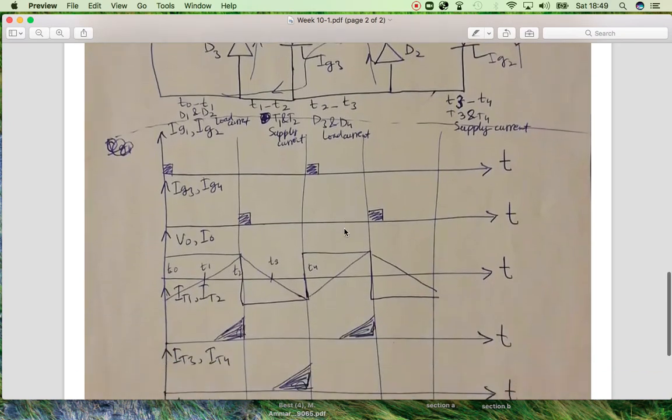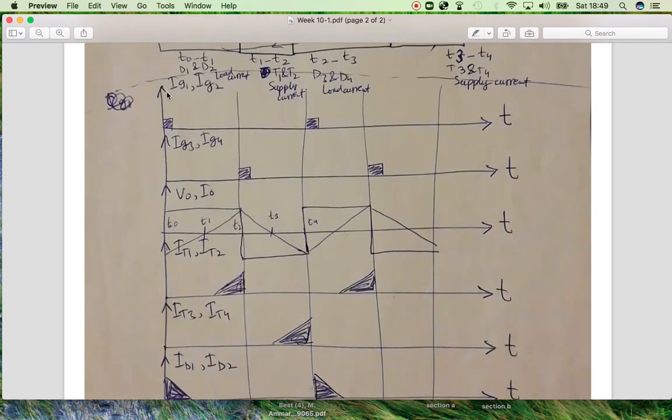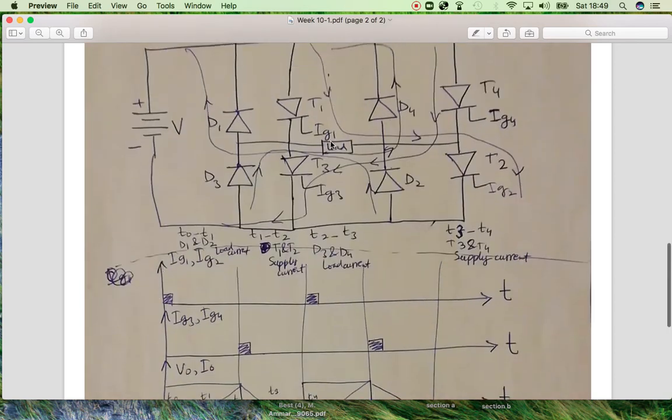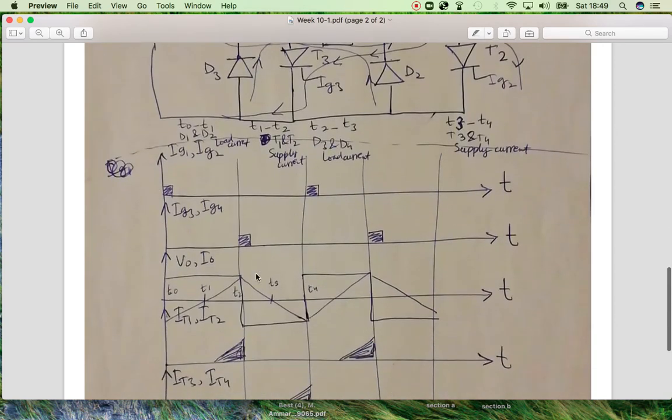So we can see over here that when we trigger thyristor 1 and thyristor 2 by providing the gate pulse at Ig1 and Ig2, then the voltage which appears across the load will be V naught, and it is a kind of square wave, and the current, if we have a resistive load over here, will also be a square wave.